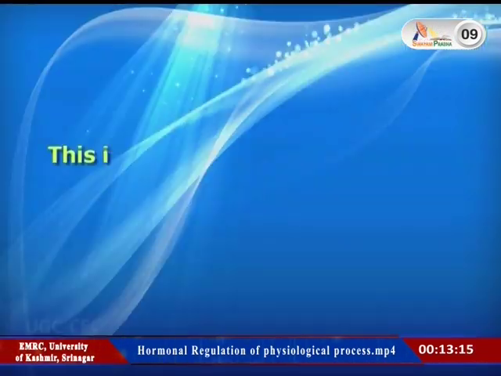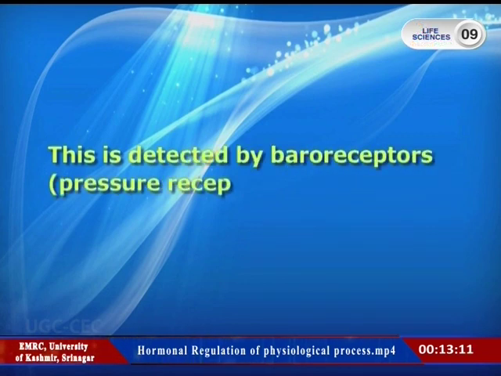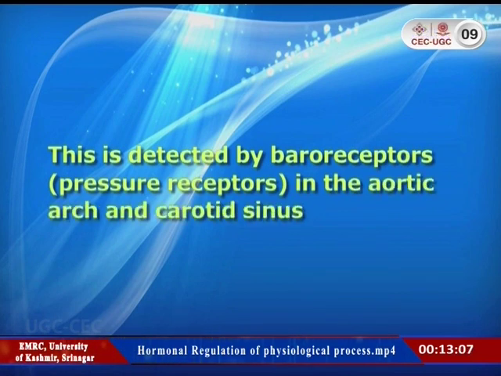The other important stimulus to ADH release is a reduction in the effective circulating volume, that is hemorrhage. This is detected by baroreceptors, that is pressure receptors, in the aortic arch and carotid sinus.